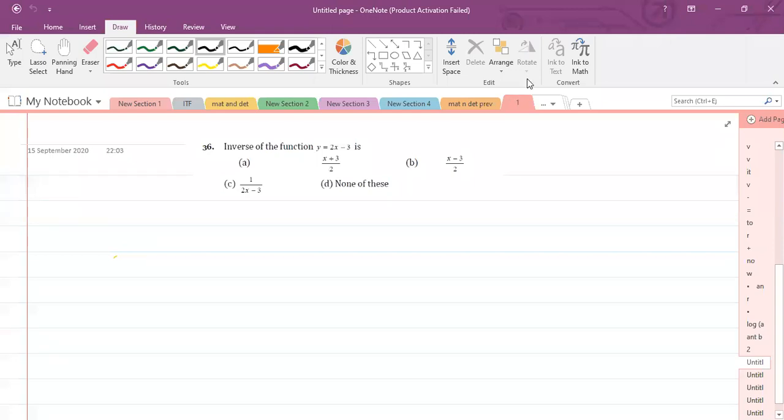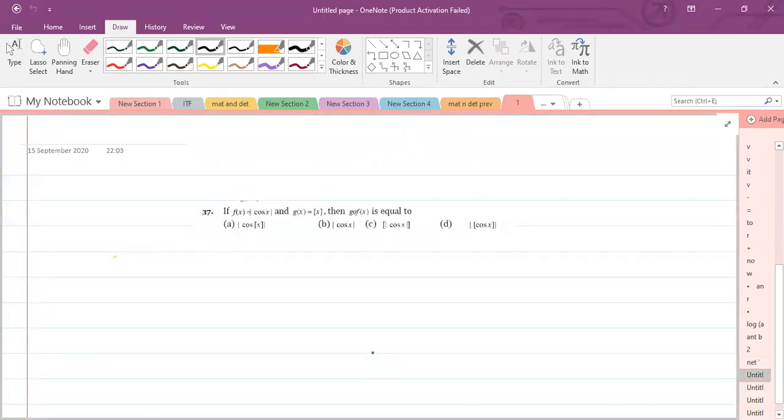Yes, definitely it is A. You can use any method. I will not solve this because it's a very easy problem. If you don't know how to solve, simply substitute x equals 1. Then you will get y equals minus 1. Substitute those values in the options. Then it will be option A.